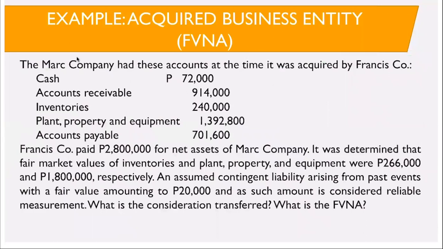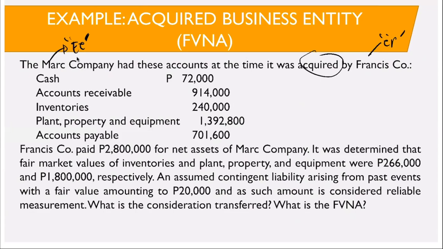Next. Another FVNA problem. The Mark company had these accounts at the time it was acquired by Francis company. So Mark is acquired. Therefore, Mark here is the acquiree and Francis is the acquirer. So the following are the accounts of Mark: cash, AR, inventory, property, plant, and equipment, and accounts payable. So Francis Company paid 2.8 million for net assets of Mark Company.